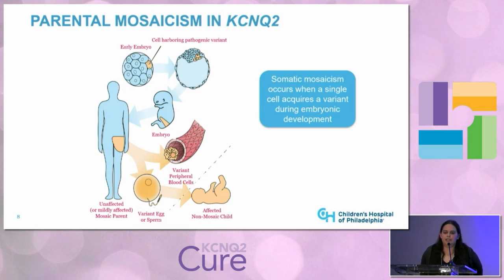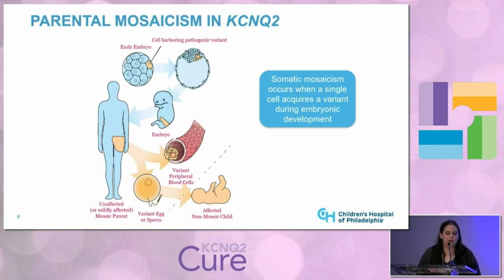So this is a diagram to explain the concept of parental mosaicism. The idea is that in a developing embryo, a genetic change occurs in one of those early cells, and then as that cell grows and divides, all of the daughter cells from that original cell with the variant also contain the variant. And this may lead to that variant being present in a smaller segment of the body.